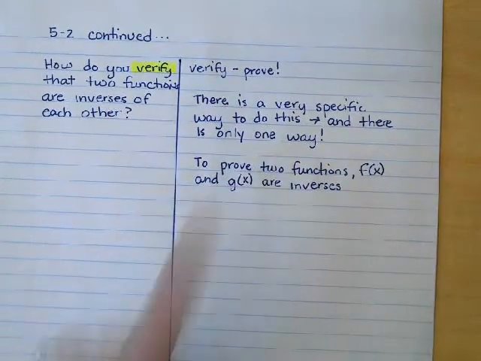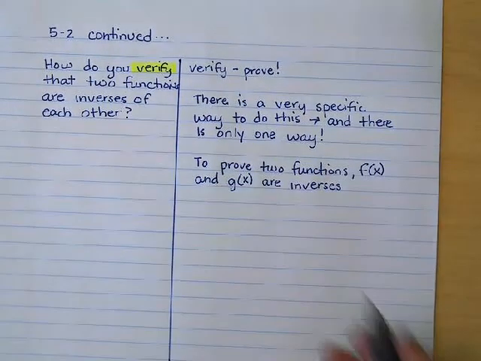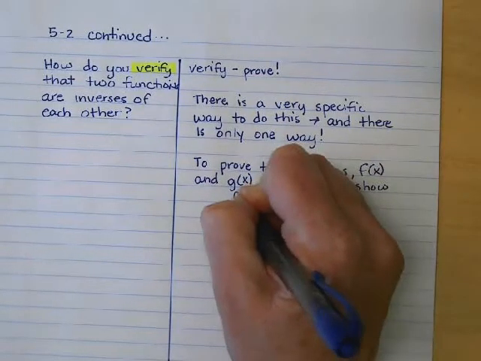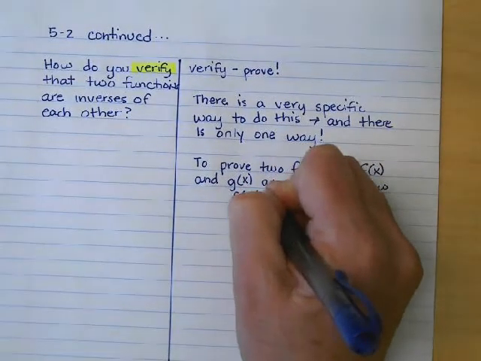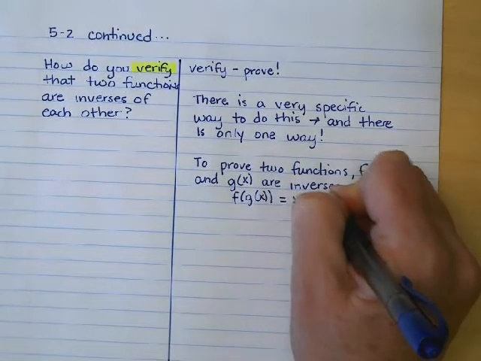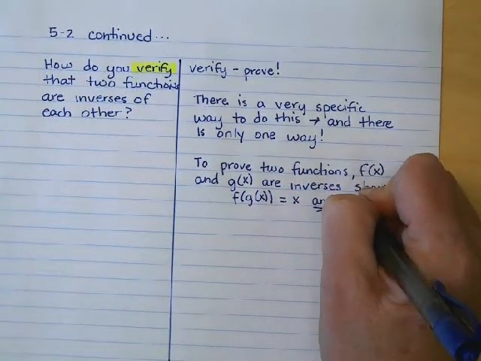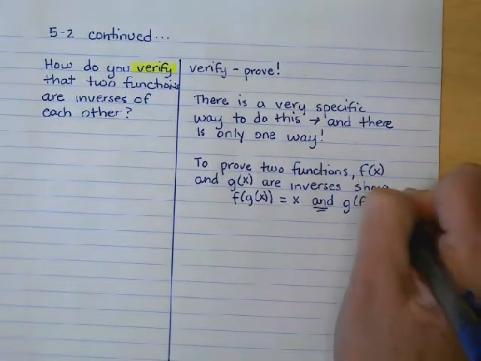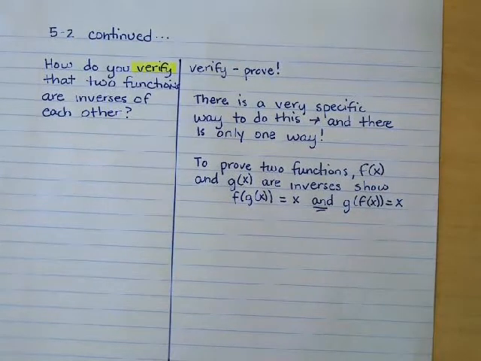Okay, so I wrote prove, maybe it's verify. You have to show that f of g of x is equal to x and that g of f of x equals x.